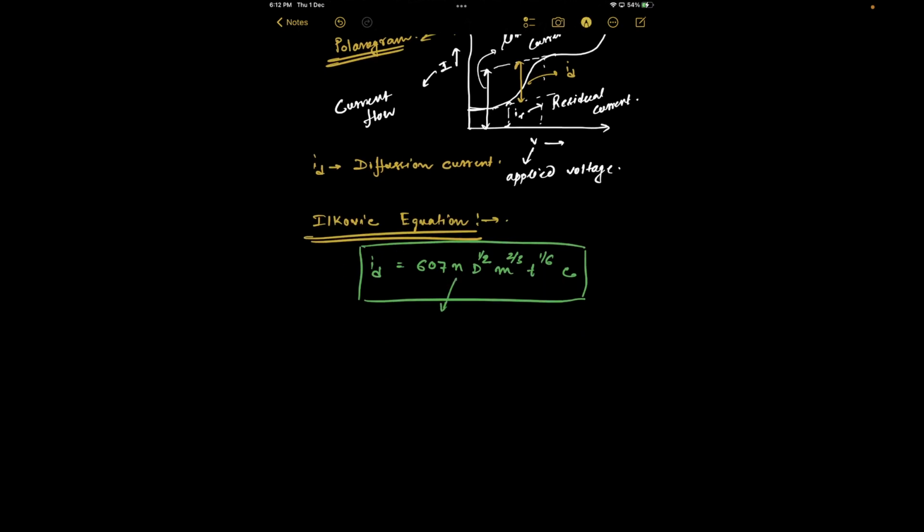So n is actually the number of electrons involved in the electrolysis process, the number of electrons involved in the reduction and oxidation process. Capital D is the diffusion coefficient. You don't need to remember this.